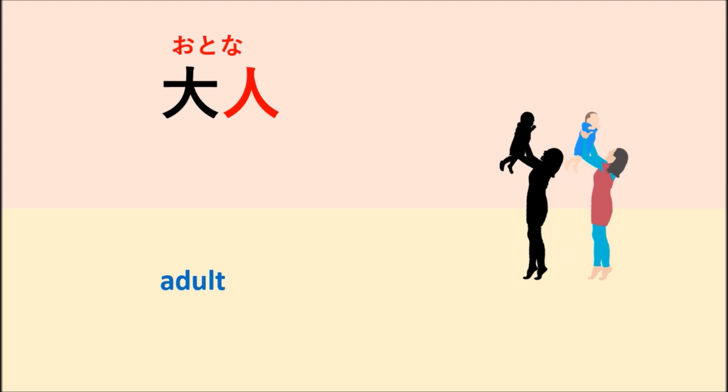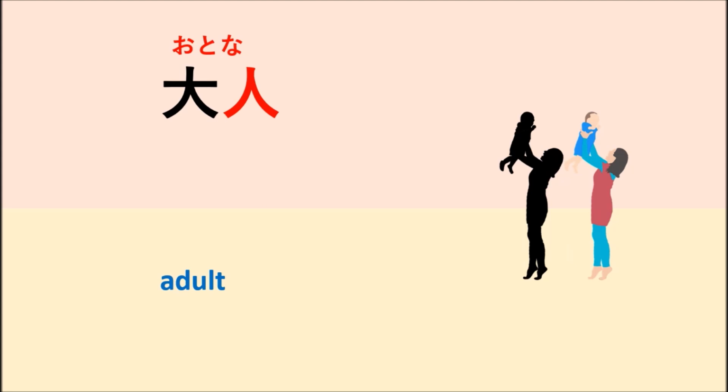Here we say otona. Otona means adult. Otona and seijin. Last time we already learned about seijin, right? Seijin also means adult. But here, by adult we mean a person who is 18 years old.